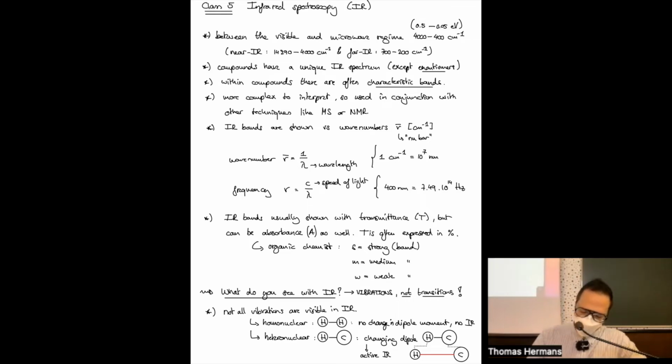So infrared bands are shown in wave numbers. So this is nu bar, and the units are centimeter minus 1. So you say nu, like the Greek letter, and bar is the horizontal stripe over the nu.